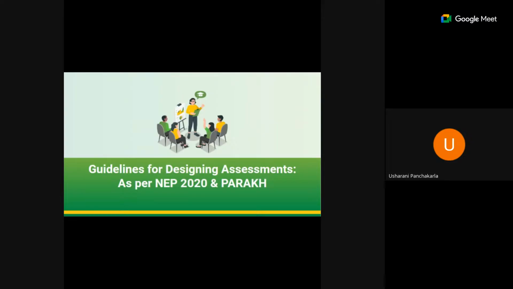Summative, I guess, means a pen and paper test at the end of how much a child has learned. Right, very true. So formative is where the assessment is happening during the process of learning, and at the end of that learning, that can be a chapter, that is what we call summative. When the assessment is happening during the process of learning, that is what we call formative.